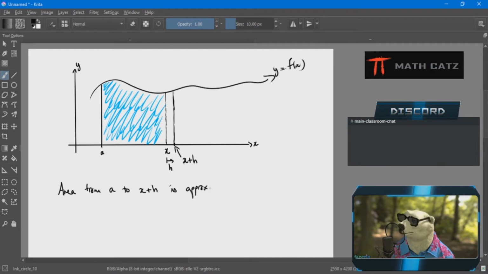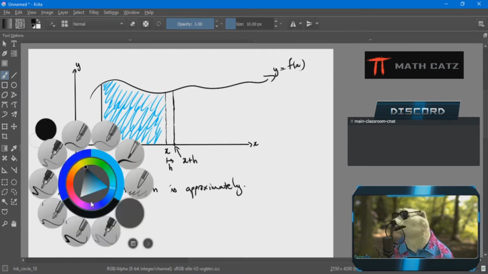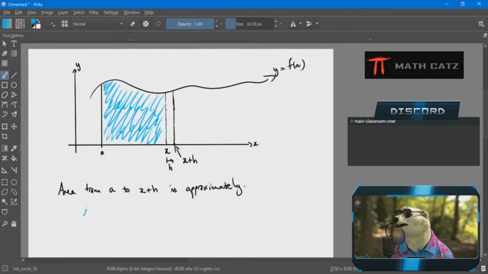We can approximate that by saying it's this blue area. Let's go blue. The area from a to x plus this little slice. Let's zoom into this little slice.